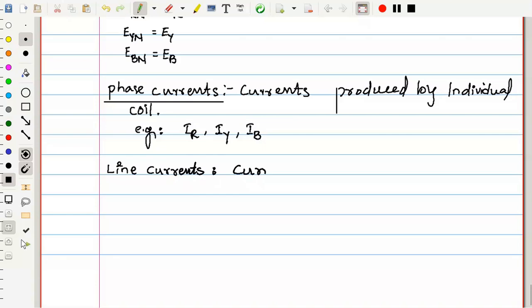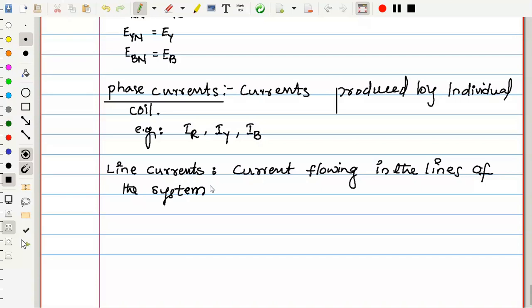The currents flowing in the lines of the system. System means it may be a transmission system or a distribution system, depending on the consideration of the network. So, the currents flowing in the lines of the system.